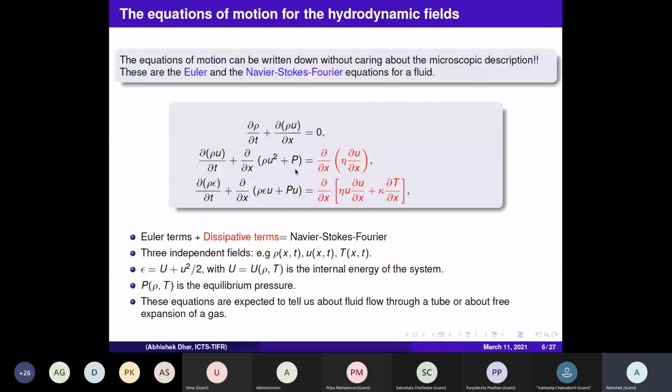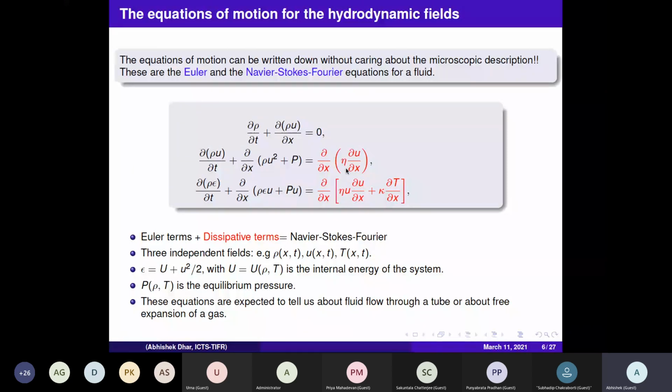And this equation has two kinds of terms. There are the time derivative terms, and then there is the divergence of something. I've written certain terms in red. These are what are known as the dissipative terms.